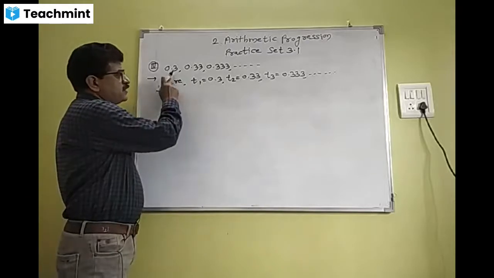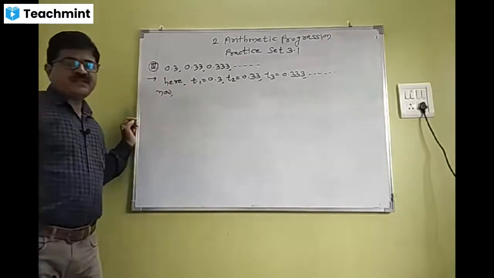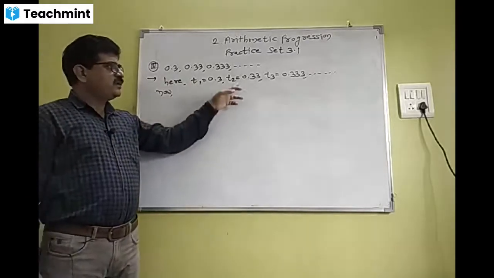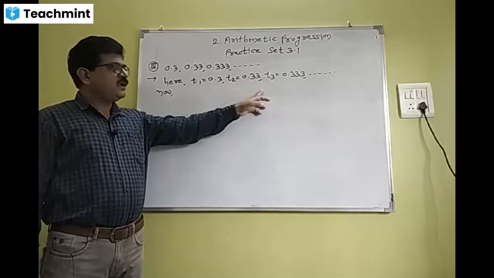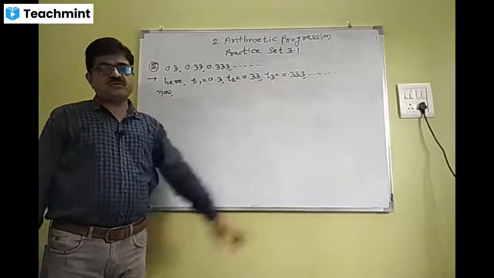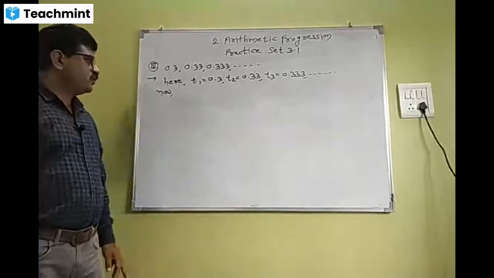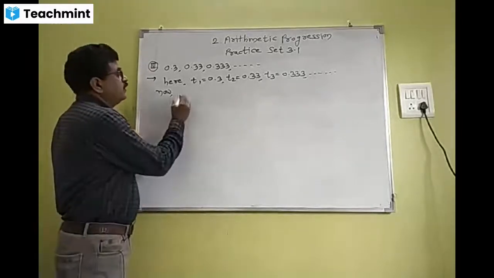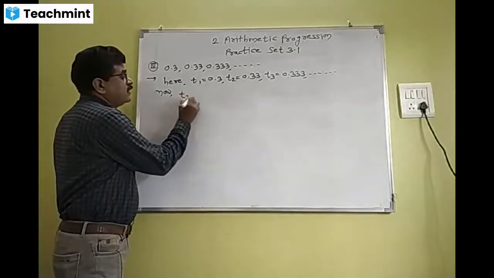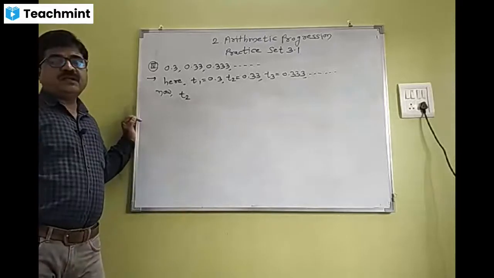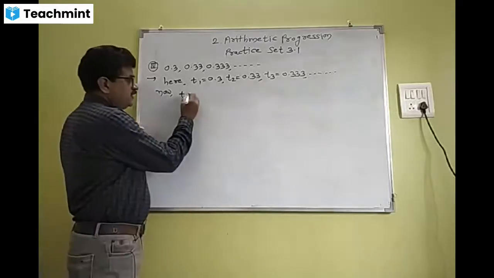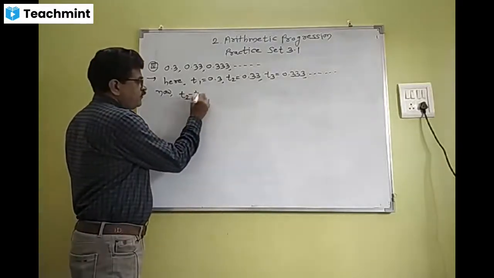Here first term T1 is equal to 0.3, T2 is equal to 0.33, T3 is equal to 0.333 and so on. Now we have to take difference between any two consecutive terms, that is T2 minus T1.